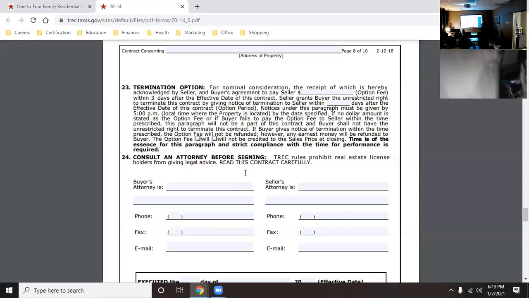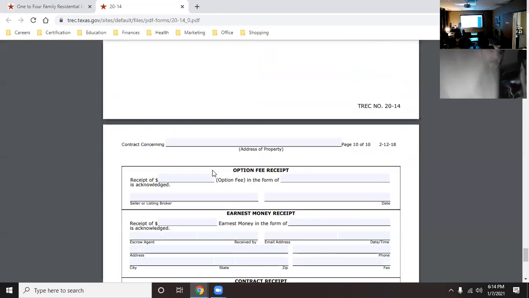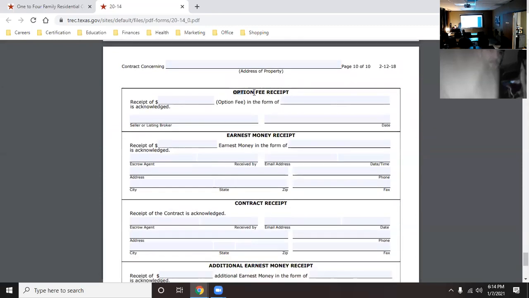Now, once it's all signed and everything's done, immediately the real estate agent, Colton, you're going to be the buyer's agent. You go and take all of these forms and the 2 checks. You're going to go to, no, he's not going to title company first. He's going first to do the option receipt.